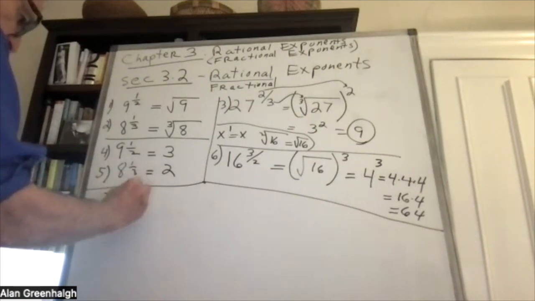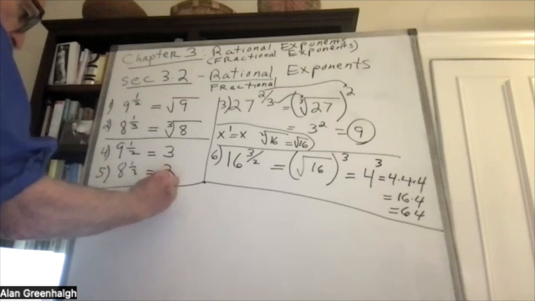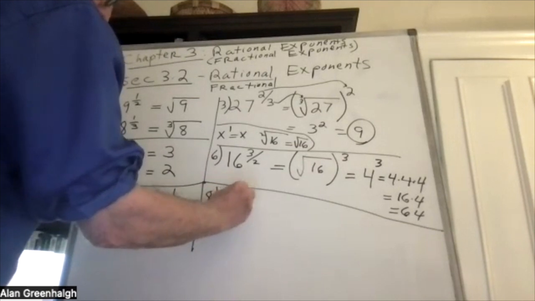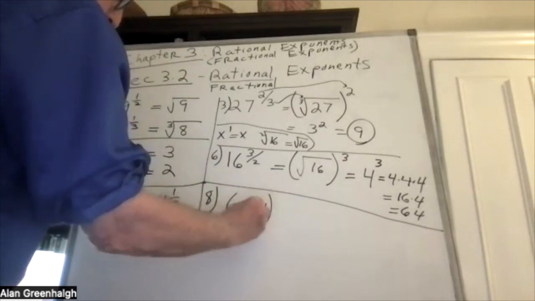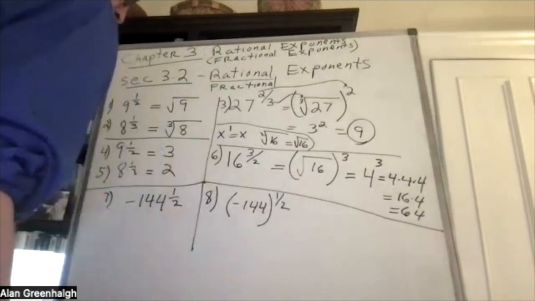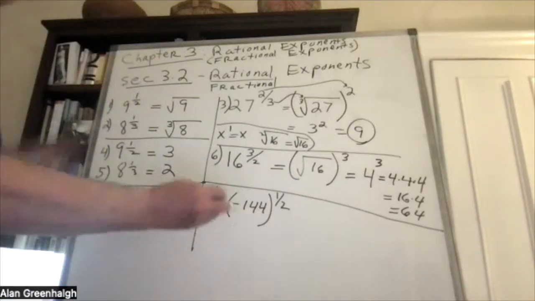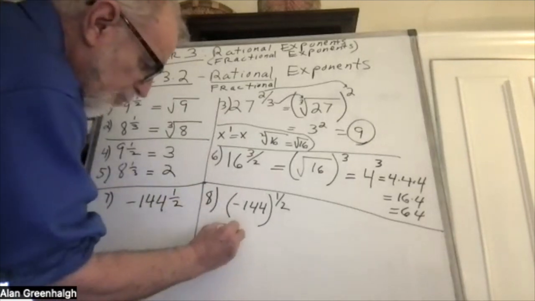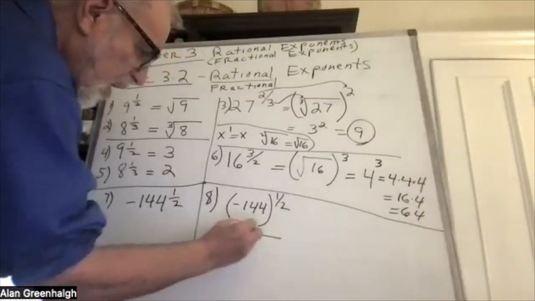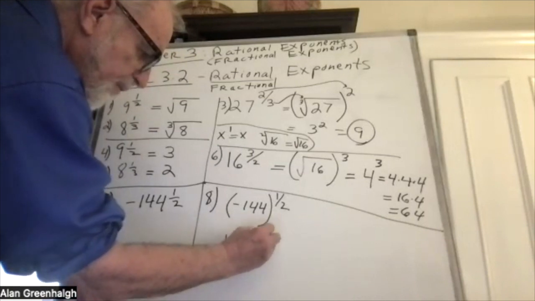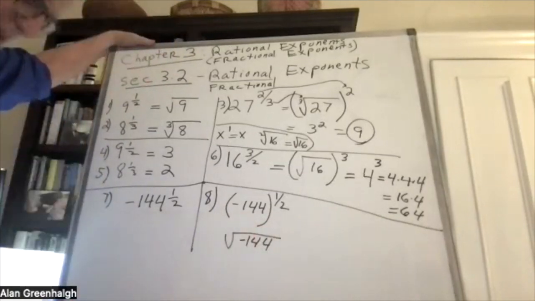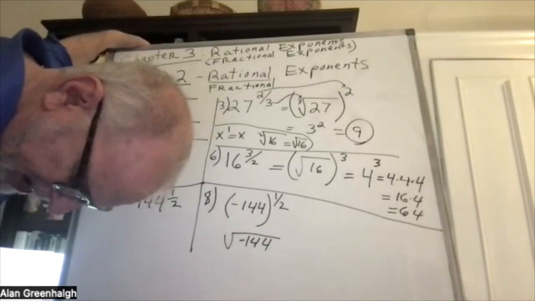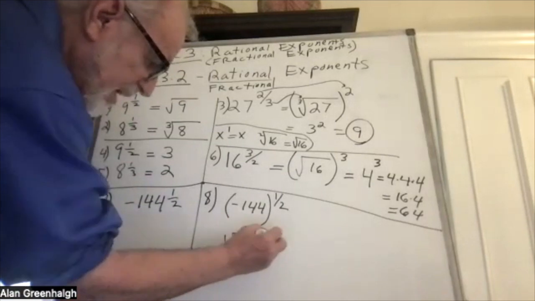Negative 144 to the 1/2. And number 8. All right, so let's do number 8 first. So the square root of negative 144 doesn't exist, right?